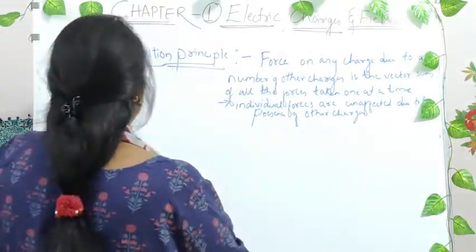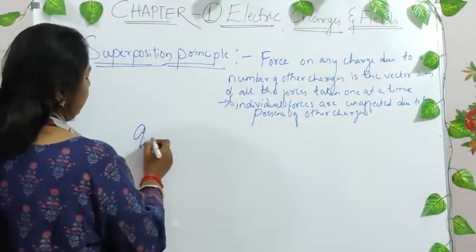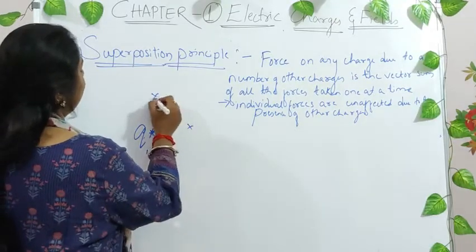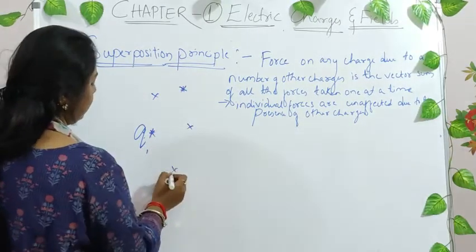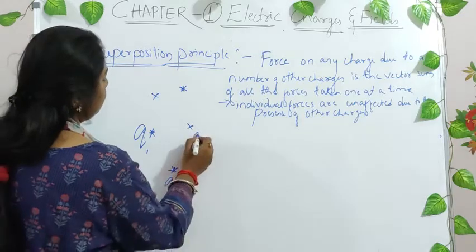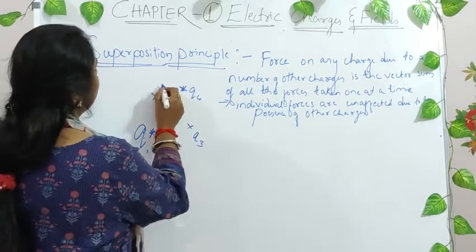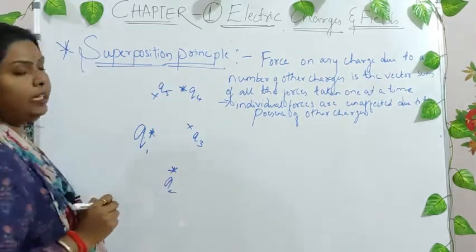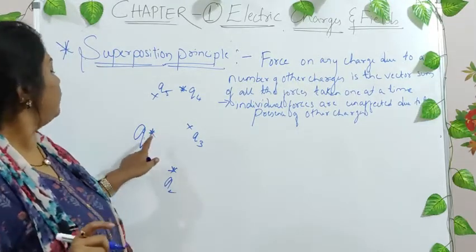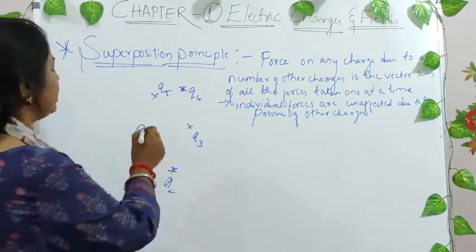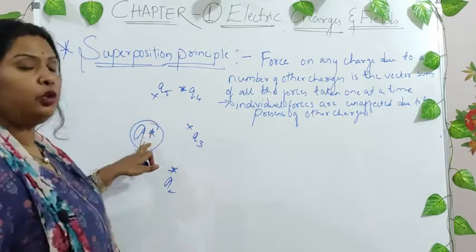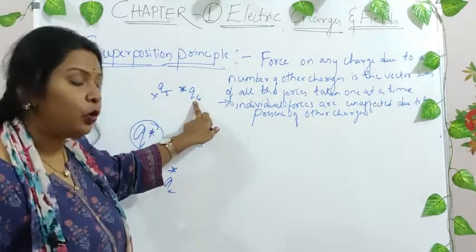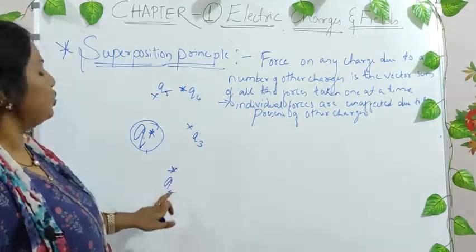Say, for example, you have a charge Q1 here, and you have so many other charges here, say Q2, Q3, Q4 and Q5. You want to find the force on this particular charge Q1 due to Q5, due to Q4, due to Q3 and due to Q2.